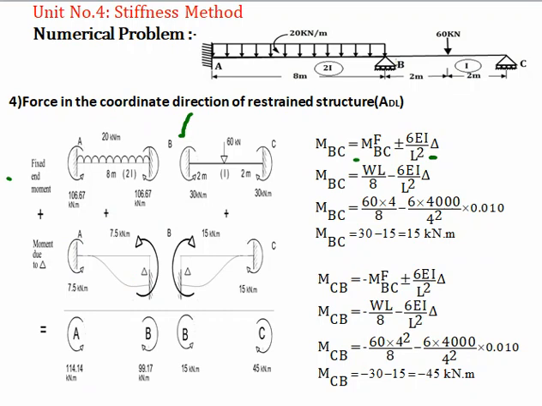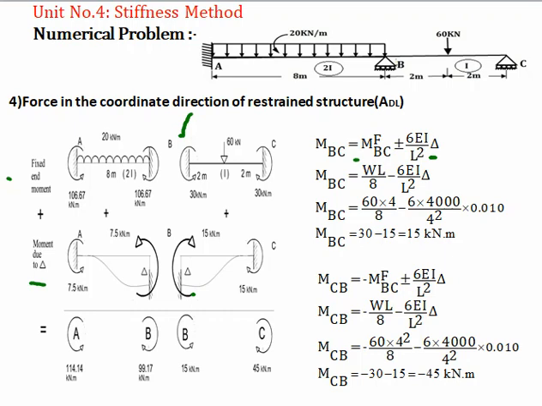This is a moment due to the sinking of a support. So moment due to the delta. Now this delta is in downward direction as a positive. So start from the bottom side and move toward the open end. So this moment will be in a clockwise direction, opposite to the previous one, or opposite to this BA.